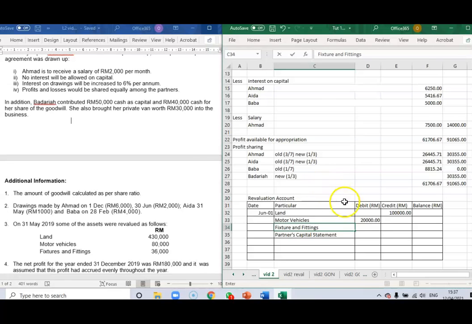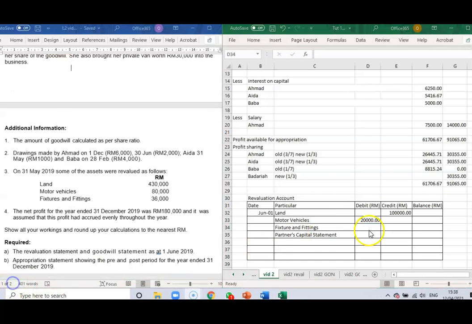Is it 19,000? Am I correct? Sorry, the amount should be 29,000. So 29,000 decrease in value of fixtures and fittings.